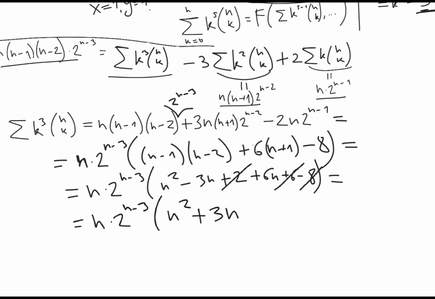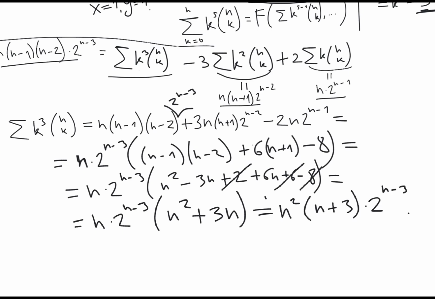It seems that they cancel each other, unless I made a mistake somewhere, but it seems that this is what we get. So this is equal to n squared plus 3n, multiplied by 2 to the power n minus 3.